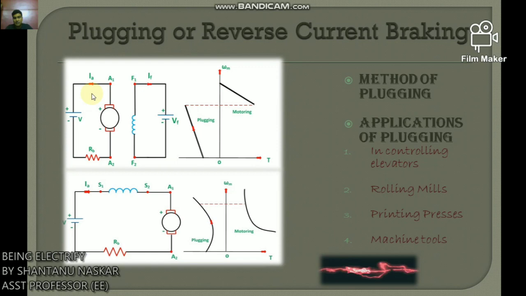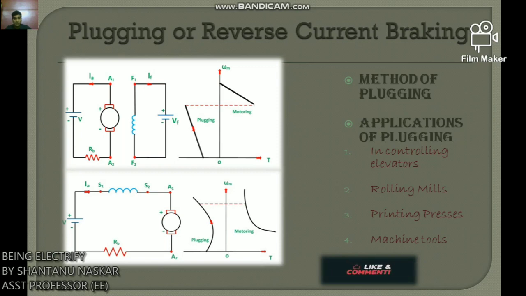Therefore, in plugging, the supply voltage V and the induced voltage Eb, which is also called back EMF, will act in the same direction. Thus, during plugging, the effective voltage across the armature will be V plus Eb, which is almost twice the supply voltage.